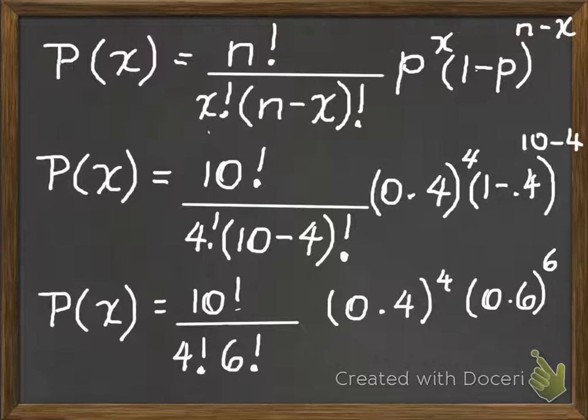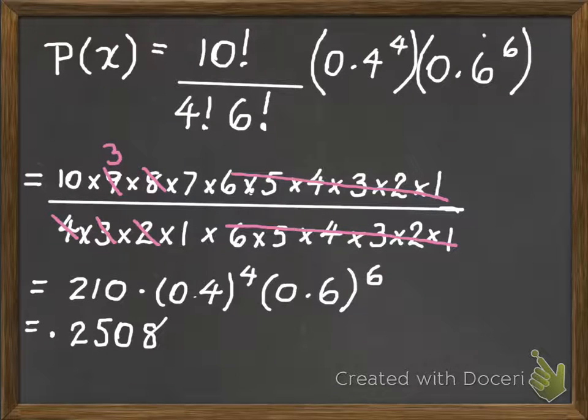Now on the very right, I've computed the 1 minus 0.4 and made that 0.6 with a simple calculator. So we have 0.6 to the power of 10 minus 4, which is 0.6 to the power of 6. And I've also computed in the denominator 10 minus 4 is 6. So there we have it simplified.